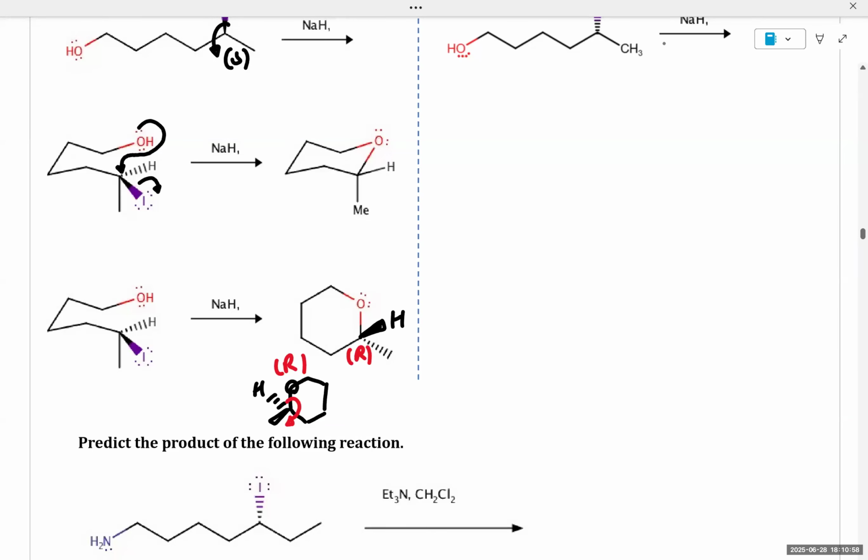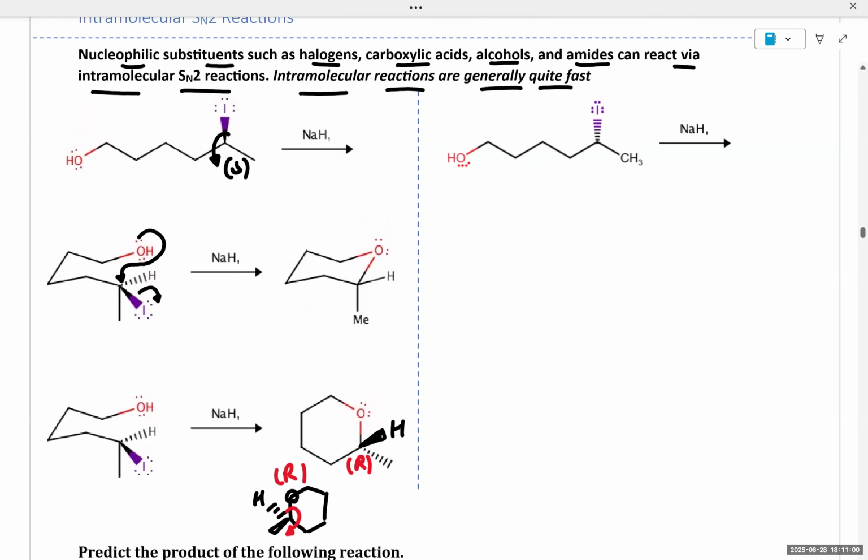You can also make a model, as I've shown, where I set up my substituents in a chair-like conformation and showed the displacement of the leaving group by my internal nucleophile, which is this alcohol-oxygen lone pair.